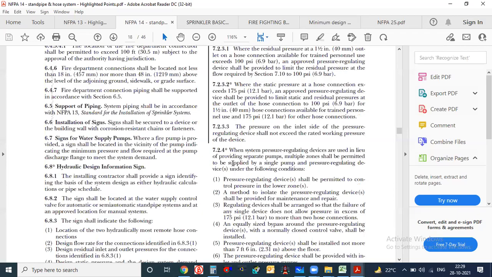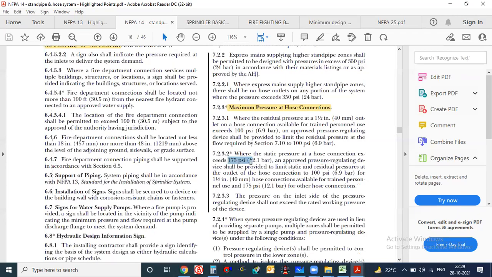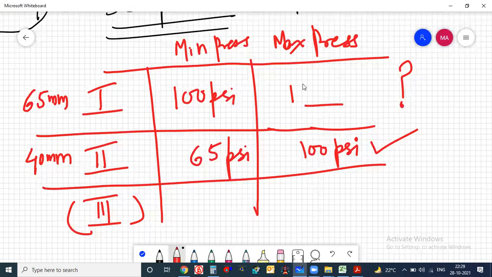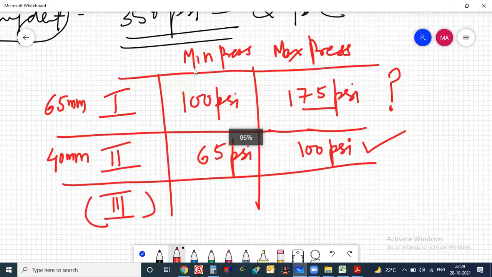See, 175 psi, where the static pressure at a hose connection exceeds 175 psi. So I understand that this 175 psi is talking about this 65 mm only. So these are the pressure ranges of the hose connection: 100 psi to 175 psi.